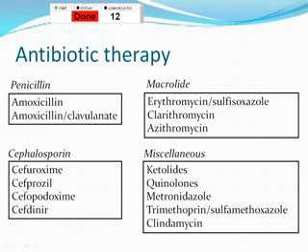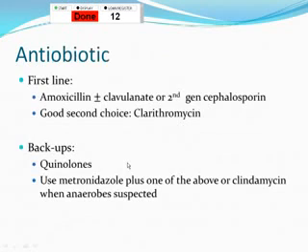These are typical antibiotic classes that you're all well familiar with, and generally you're going to be reaching for something that will give you good coverage for the H. flu, strep pneumonia, Moraxella. So that could be amoxicillin plus or minus clavulanic acid.